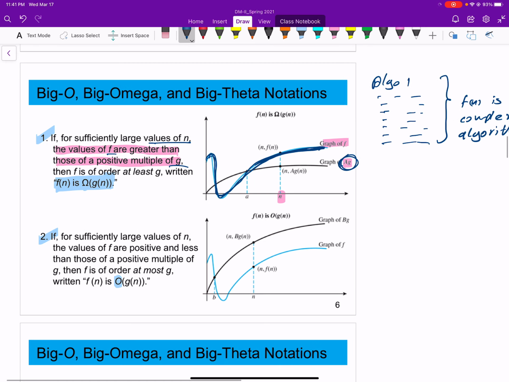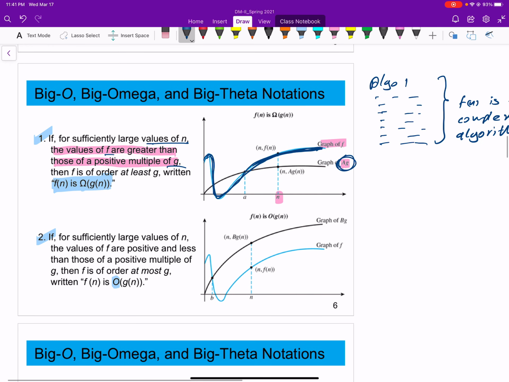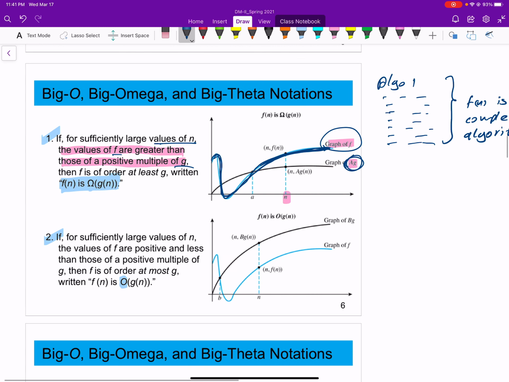So if this happens, we say this function, which is f, is omega of g(n). Okay, omega of g(n). In words, how do you read that? F is of order at least g.